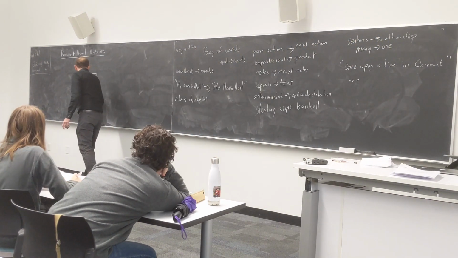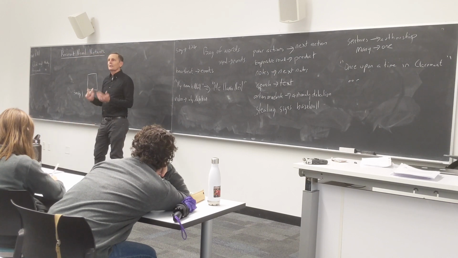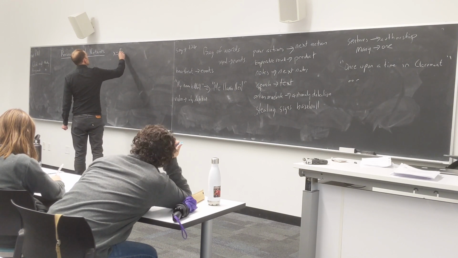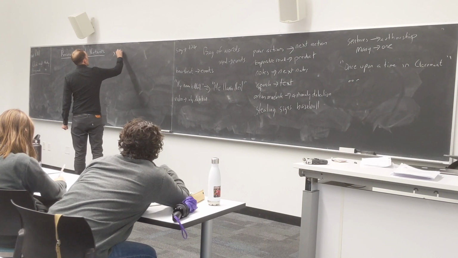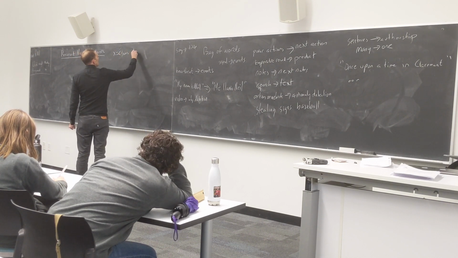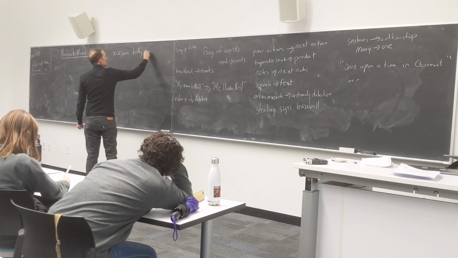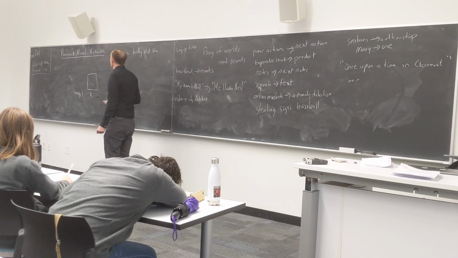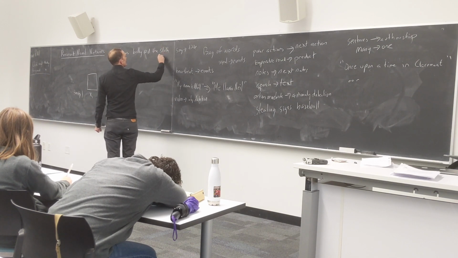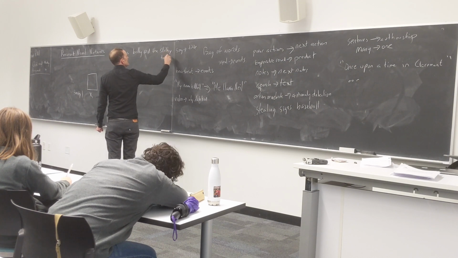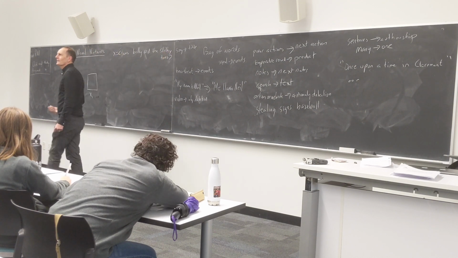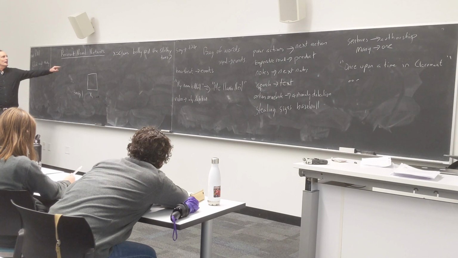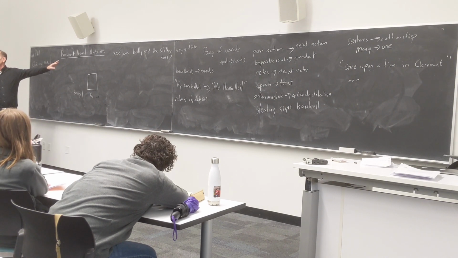So X of 1 is the first element of X. So X is going to be a sequence: 'Twas brillig, and the slithy toves, did gyre and gimble in the wabe. I don't know, anyway, we'll have to figure out who this is, but this is what we're going to feed in.